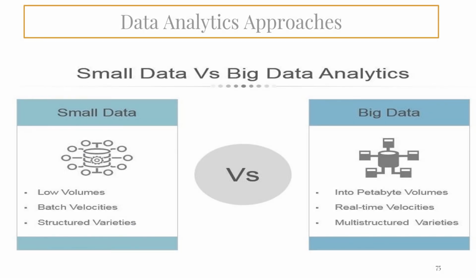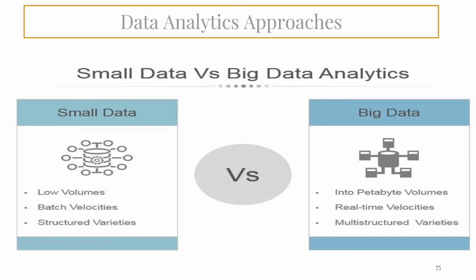Now let's compare small and big data in technical detail. Small data is low volume. It's not in petabyte volumes, it's not huge or massive data, and small data is based on batch velocity, whereby big data is based on real time velocity.